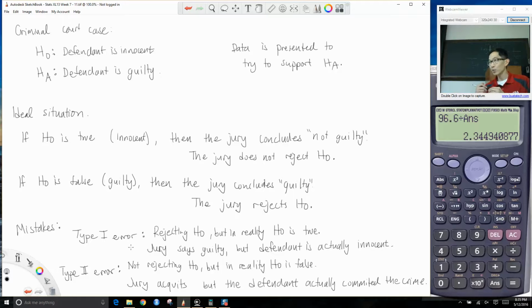Type 2, right? At least this is how our court system is set up. We would rather make type 2 than type 1, or we would say type 1 error is worse than type 2 error. Again, we don't want to do either of these, but if we had to, we would say type 1 error is worse than type 2 error.